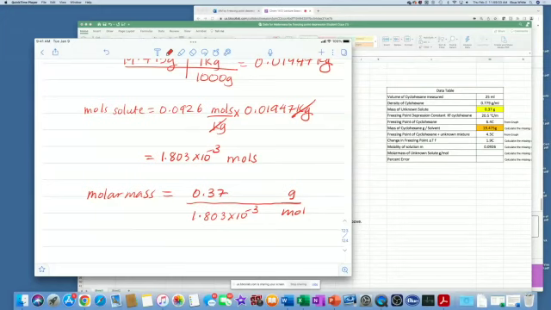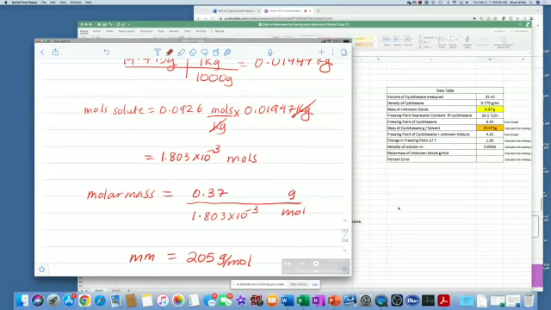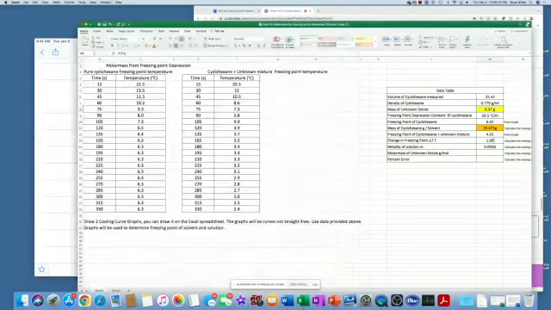I'm going to do an inverse. Okay, so when I work mine out, I get a molar mass. This pen, my Apple Pencil, is glitching. Okay, there, it's working again. Molar mass is 205 grams per mole. I mean, it looks like a legitimate molar mass, right? It's too high because I told you in the beginning that this number is not exactly right.